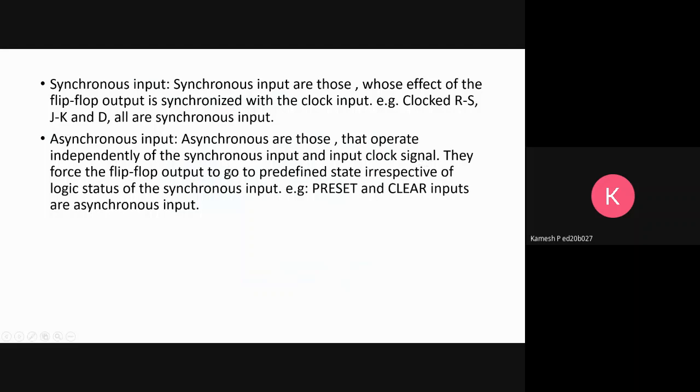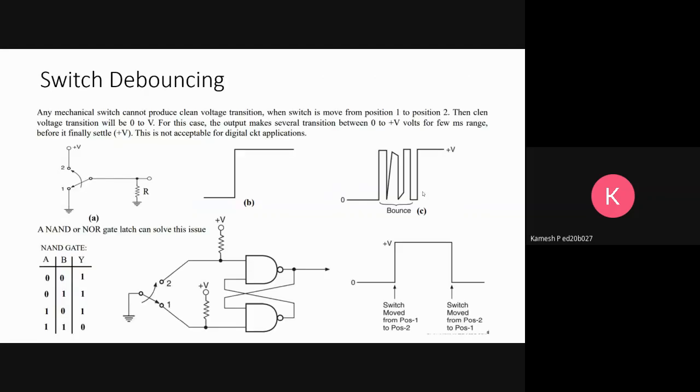They force the flip-flop output to go to a predefined state irrespective of the logical status of the synchronous inputs. Preset and clear. Clear changes all the signals to 0. That is a type of asynchronous input where no previous state is taken into consideration. But clock, D, and JK are all synchronous inputs because they depend upon initial conditions.